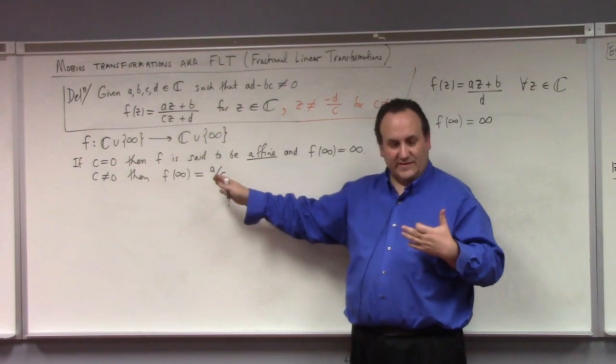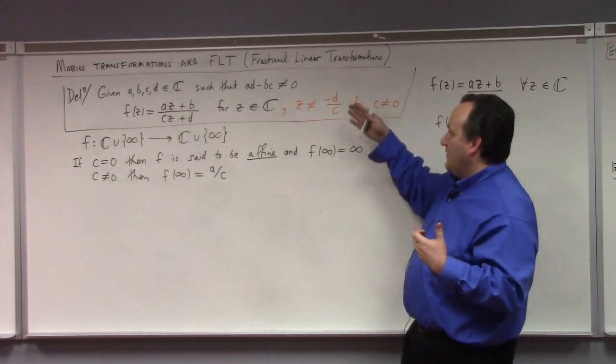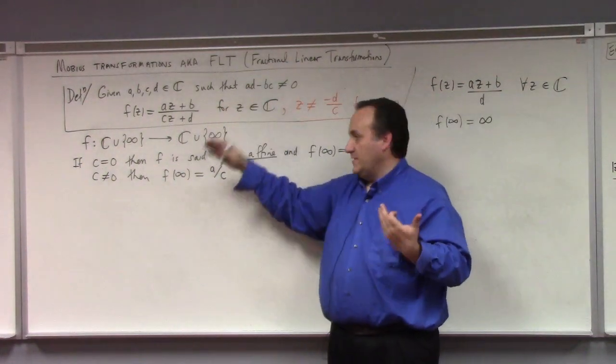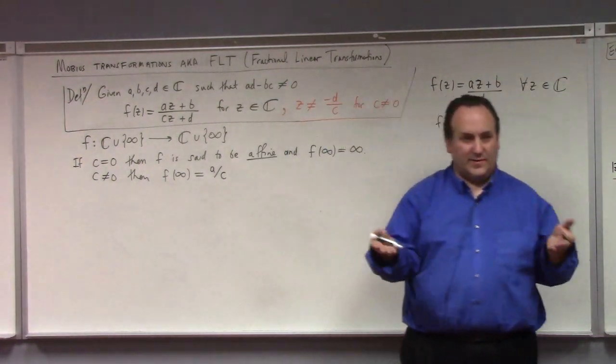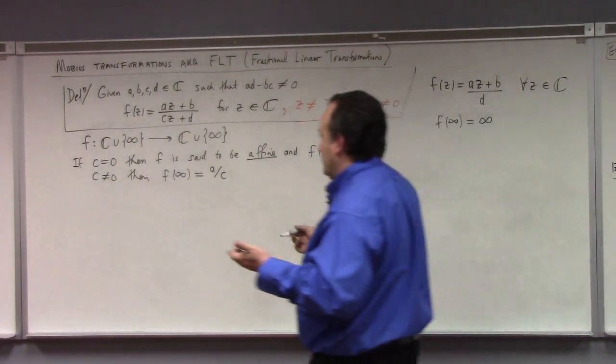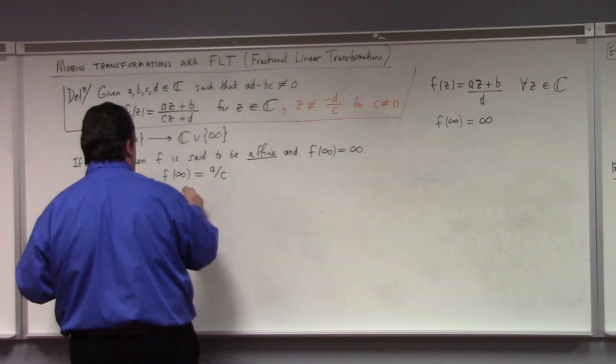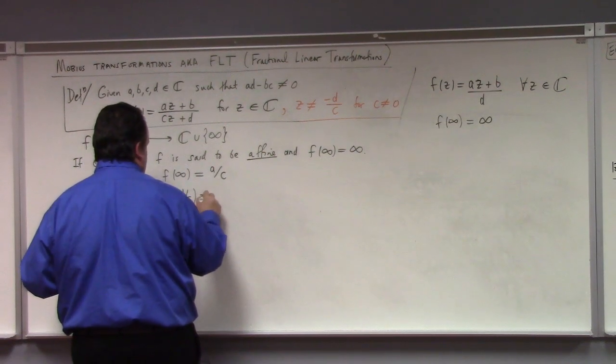There's one last thing to cover. In the case c not equal to 0, when we're not at the pole, we use that. When we're at infinity, we do this. What's left to talk about? Minus d over c itself, right? So what is f of minus d over c equal to?